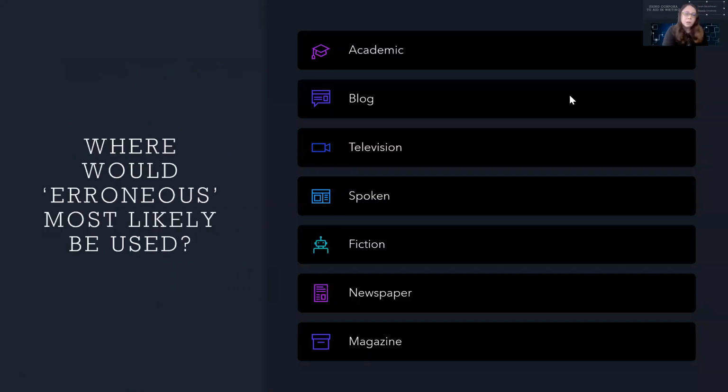So how about this word? Where would erroneous most likely be used? Would it be used in academic writing, on a blog, television, spoken language, fiction, newspaper, or magazine? You can either answer in the chat, turn on your microphone, raise your hand. Anything's okay.